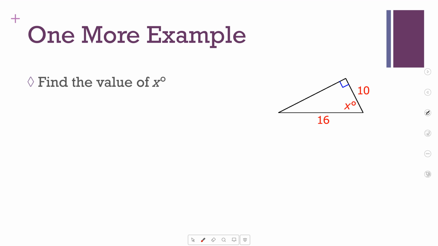Where's the height column? 51.3. Where's the height column? So cosine is 10 over the hypotenuse. And then you do the inverse.